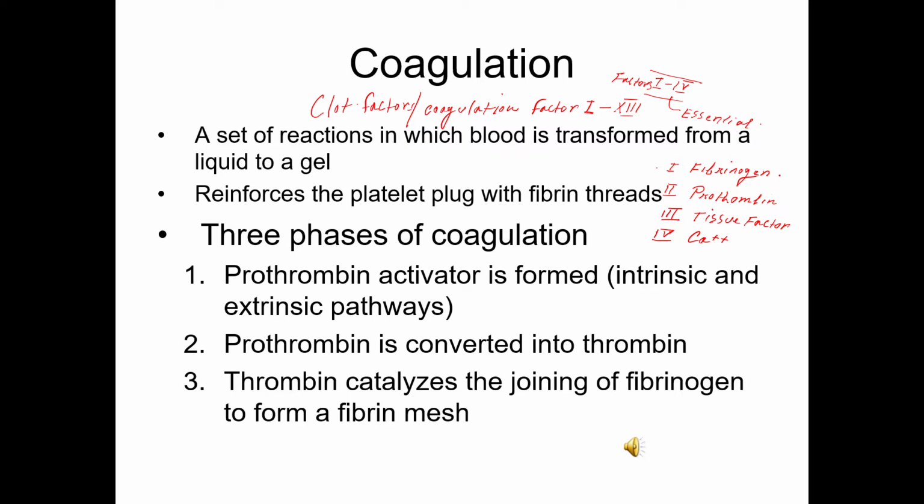Now just know that first two, fibrinogen and prothrombin, are synthesized in the liver. So if someone has liver failure or liver disease, then the production of these two factors will be less, and in that case the blood clot formation will be delayed.